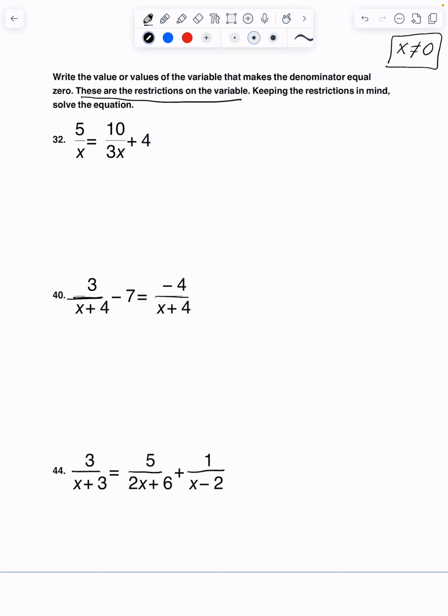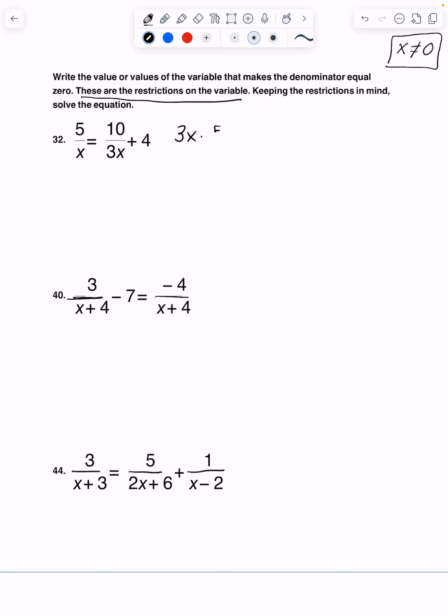So how do I go about figuring out how to solve this equation? Well, I'm going to look at my denominators. My denominators are x and 3x. Remember that we're looking for the first multiplication facts that x and 3x have in common. So my GCF here is going to be 3x.